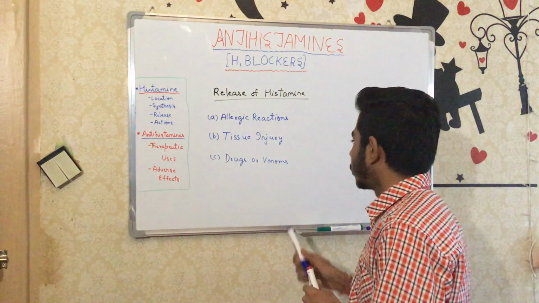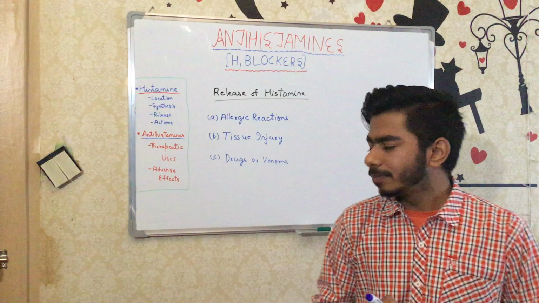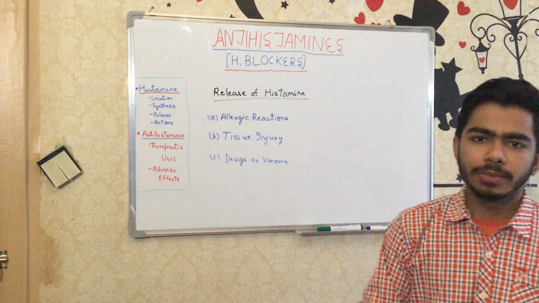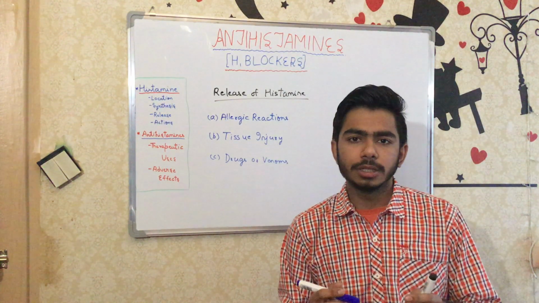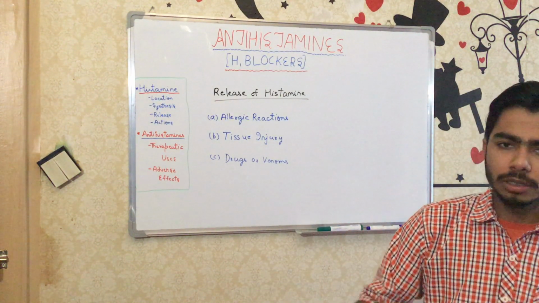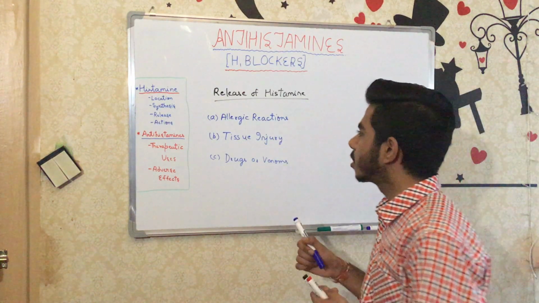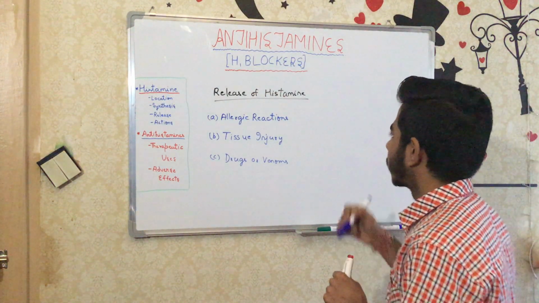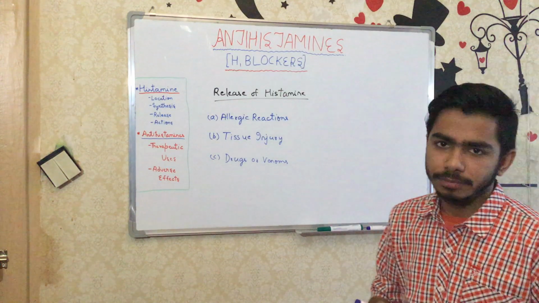Now, drugs and venoms: any alkaloid or morphine, for example, or any other drug, poison or venom, can also harm the mast cells and cause degranulation, and thereon the histamine will be released. So these three are the reactions that can induce the release of histamine into our body.